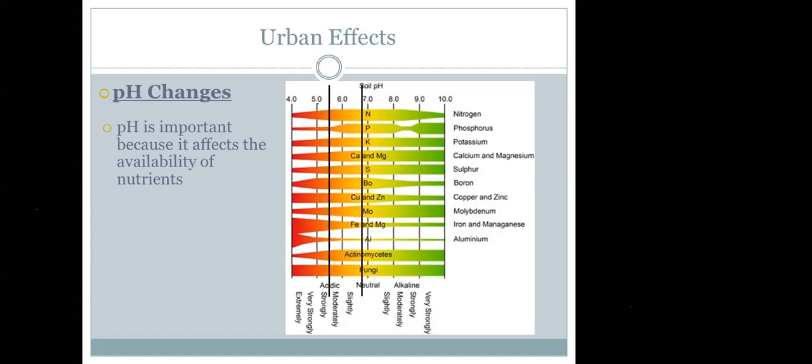So in some cases, you may have to change your soil pH in order to support the plants that you want to grow. But generally speaking, almost everything around here will grow well in that 5.5 to 6.8 pH. And it's pretty easy to tell what your pH is by getting a soil test, which you can pick up in any public library.